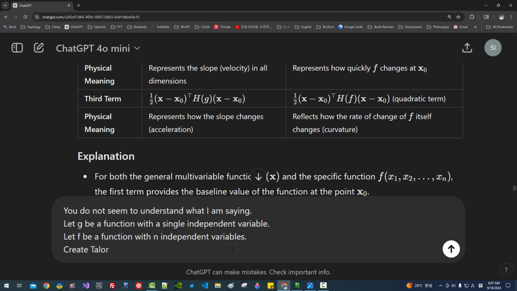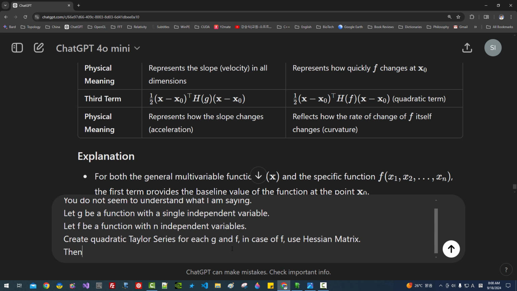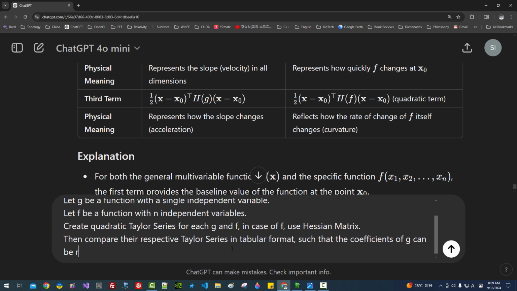Create quadratic Taylor series for each G and F. In case of F, use the Hessian matrix. Then compare their respective Taylor series in tabular format such that the coefficients of G can be related to the coefficients of F.